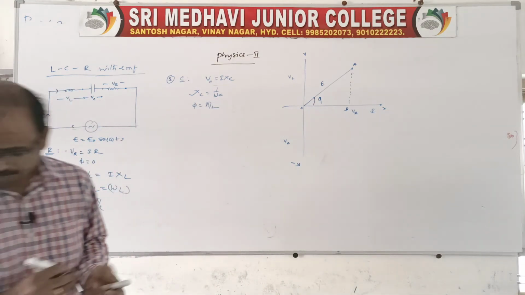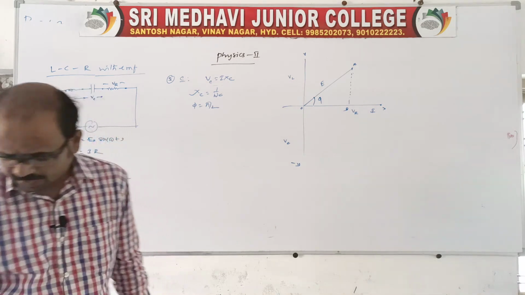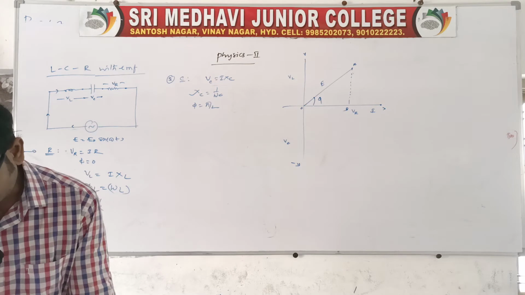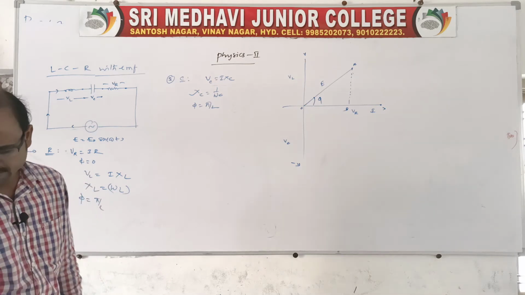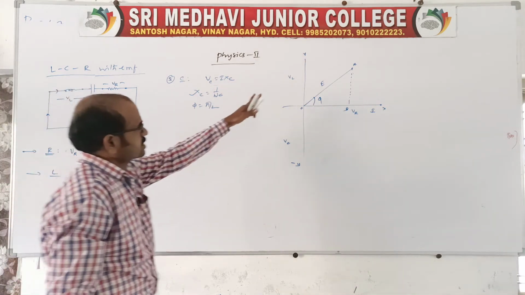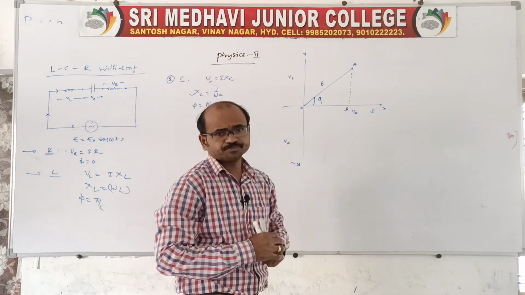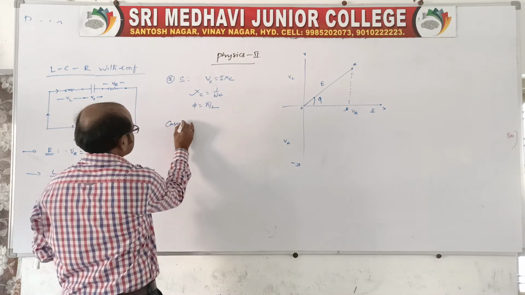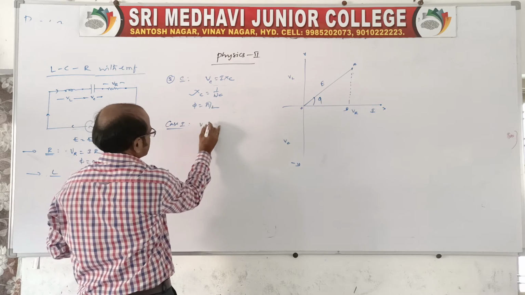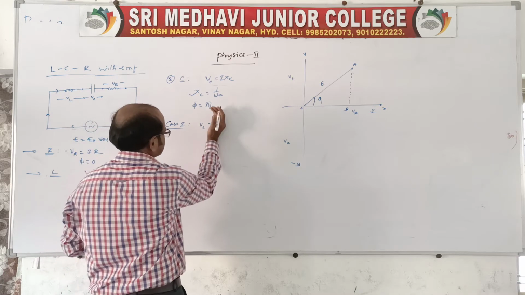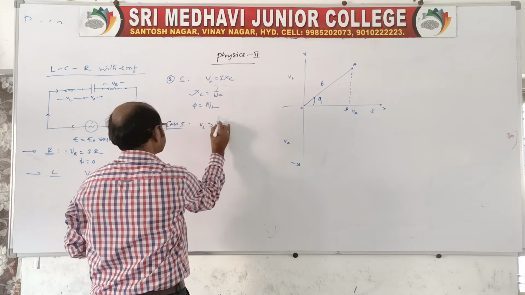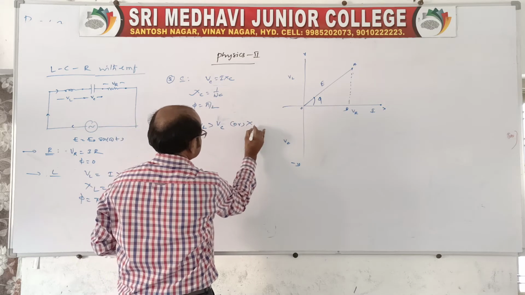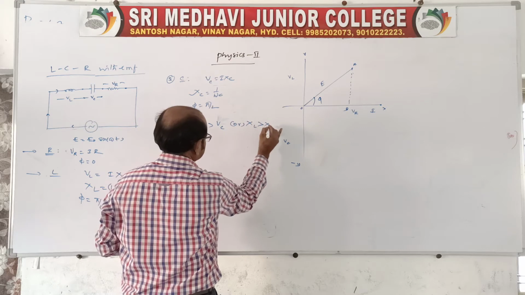But here we need to consider the conditions. Suppose we go for XL greater than XC. This graph represents case number 1, that is VL greater than VC, or XL greater than XC.